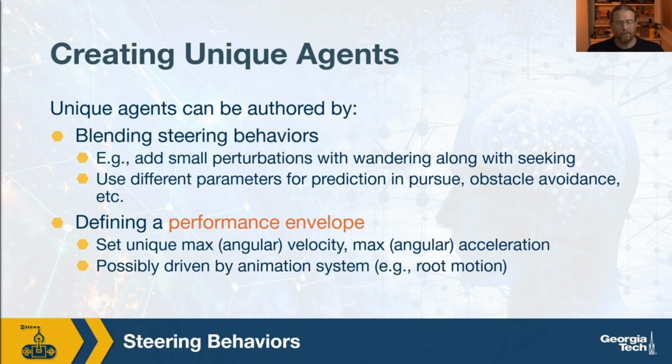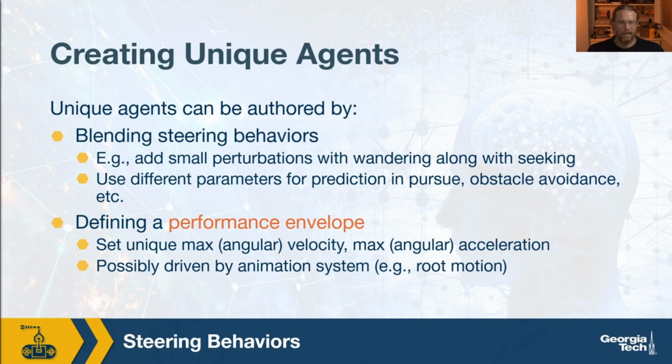We could also change parameters for how far ahead we were predicting, how obstacle avoidance is handled, the weights. If we're doing blended steering behaviors, what are the actual weights that we're using? Maybe priorities if we're using some kind of arbitration scheme. But we also have control over the performance envelope of the agent, especially if we are directly implementing the agents.